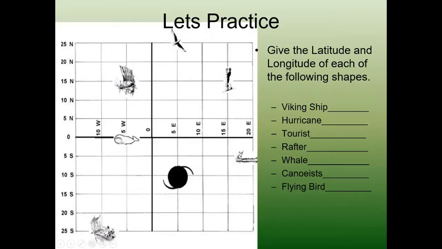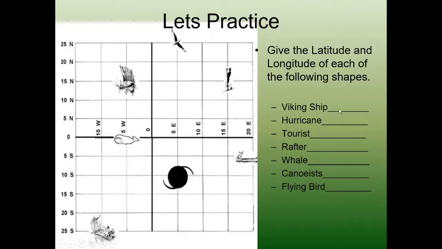Our Viking ship, if we're practicing, here's our Viking ship there. All right. So we are 5, 10, 15 degrees north. And that gives us our latitude. Now our longitude, we move over 5 degrees west.